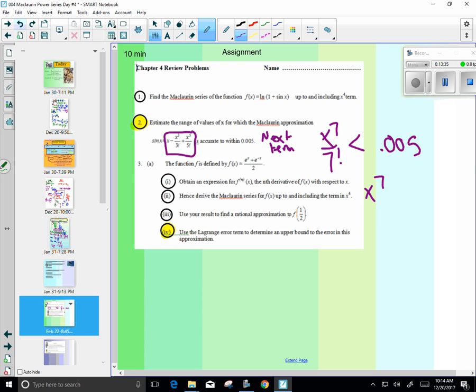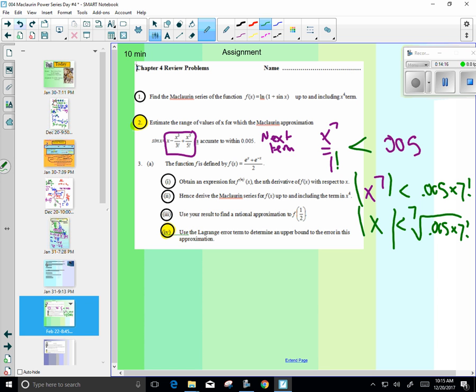So x to the 7th is going to be less than 0.005 times 7 factorial. Then you take the 7th root of 0.005 times 7 factorial.